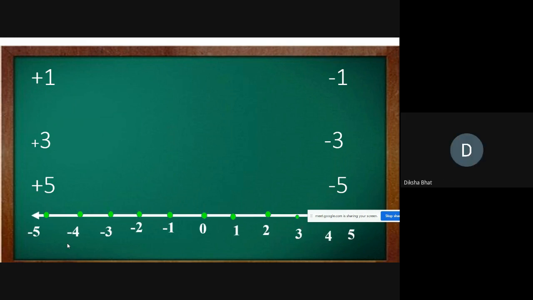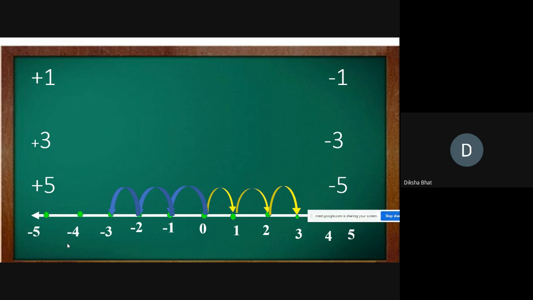Yes, very good. So plus 1 is 1 unit to the right of 0 and negative 1 is 1 unit to the left of 0. Similarly, plus 3 is 3 units to the right of 0 and negative 3 is 3 units to the left of 0. What about plus 5 and negative 5? Positive 5 is 5 units to the right of 0 and negative 5 is 5 units to the left of 0.